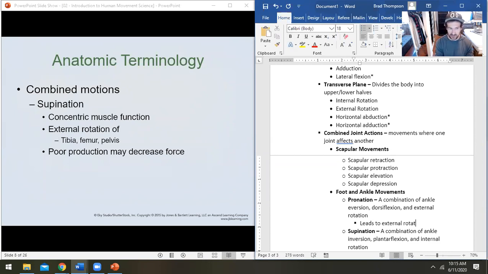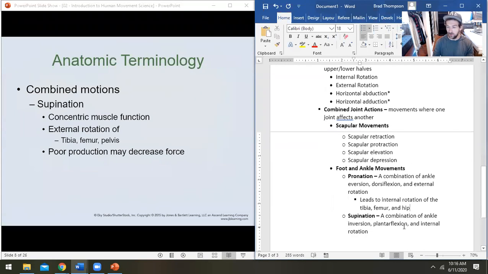I'm reading the wrong slide here. Pronation leads to internal rotation of the tibia, femur, and then we go down here, and it's the exact opposite. Supination leads to external rotation of the tibia, femur, and hip.